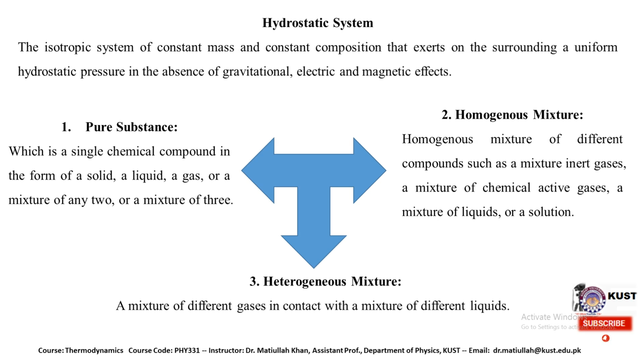And the third case is the heterogeneous mixture. It is actually the combination of different gases in contact with a mixture of different liquids. So both the liquids have different compositions, and the gases also have different compositions.